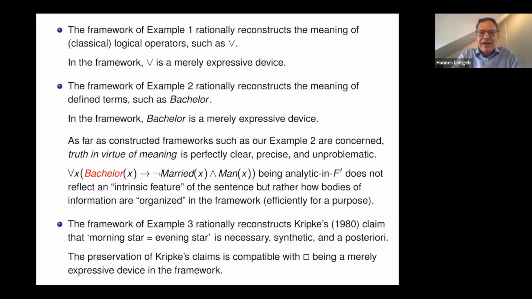In framework 2, we had an example where stipulatively defined terms such as bachelor are merely expressive devices. But I can define other terms, and again I get merely expressive devices. What counts as a defined term in one framework might not count as a defined term in another.